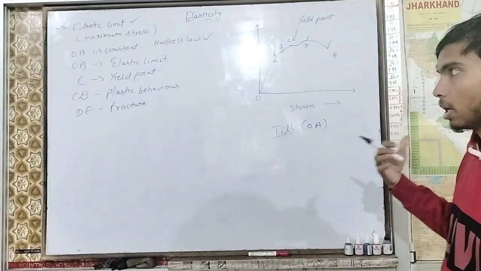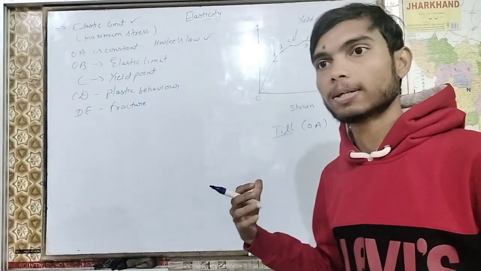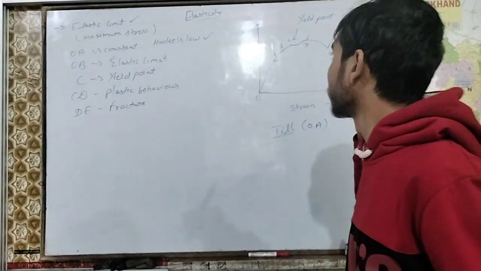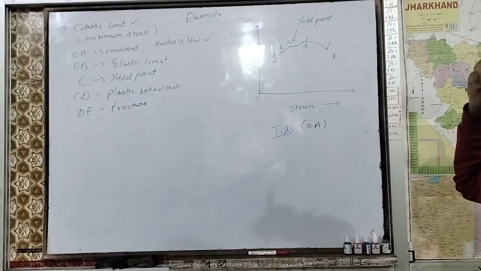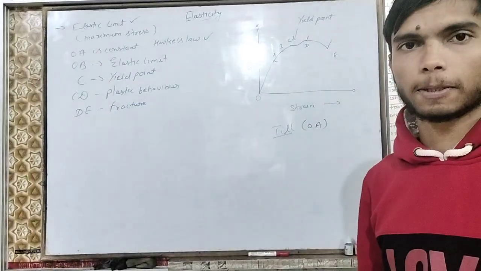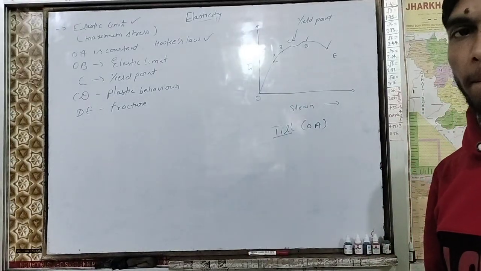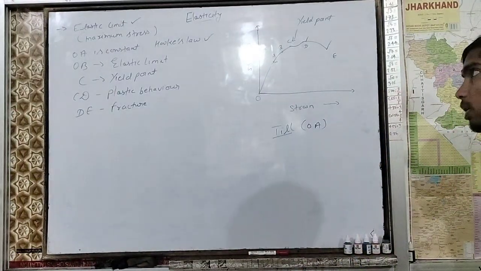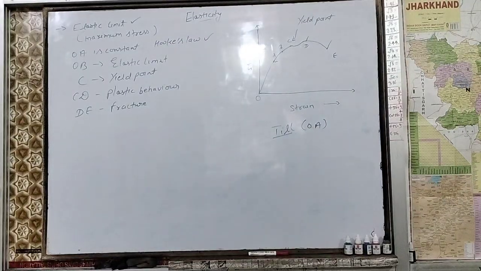Means length, or you can say volume, is changing. After B, either length or volume will be changing, but the deforming force is the same.